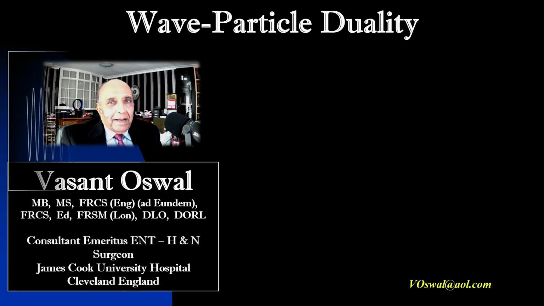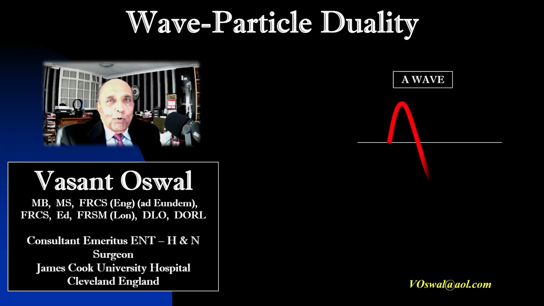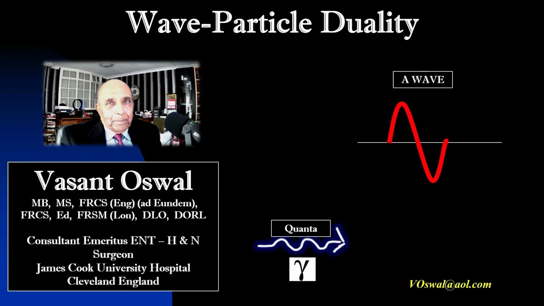Light travels as electromagnetic radiation. It travels in a wave form, but it also contains little packets of energy called quanta. Quanta carry energy in light. They're also known as photons.